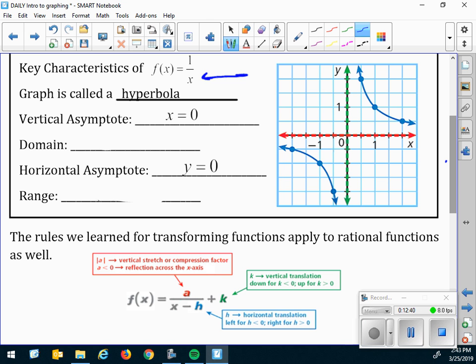Could it be negative? Sure. So, anything but 0. That says the set of all x such that x is not equal to 0. When you need all of them but just a few or one, you can write it like this.